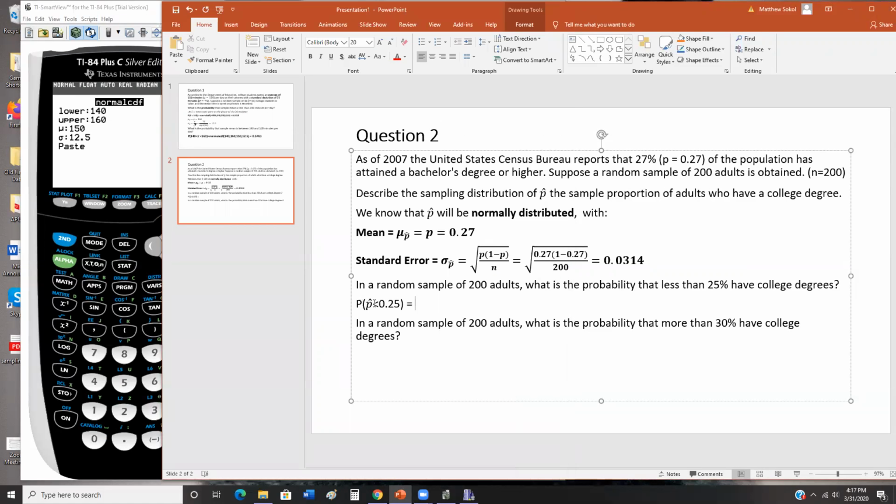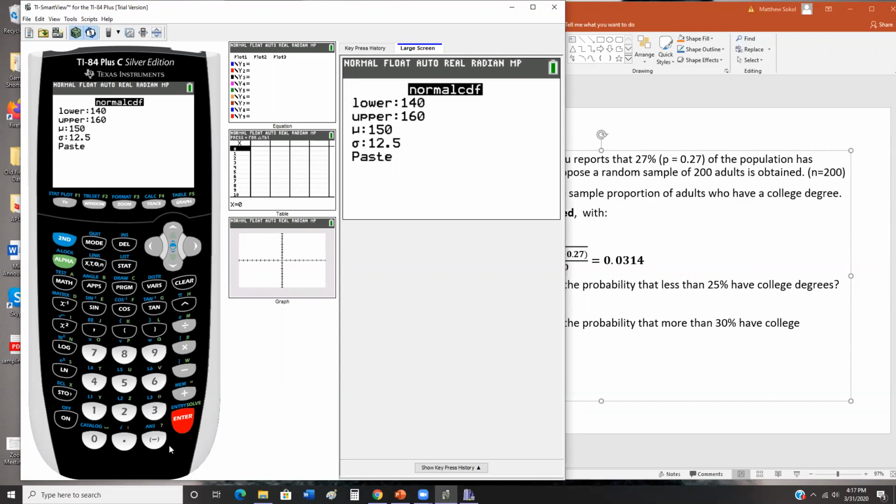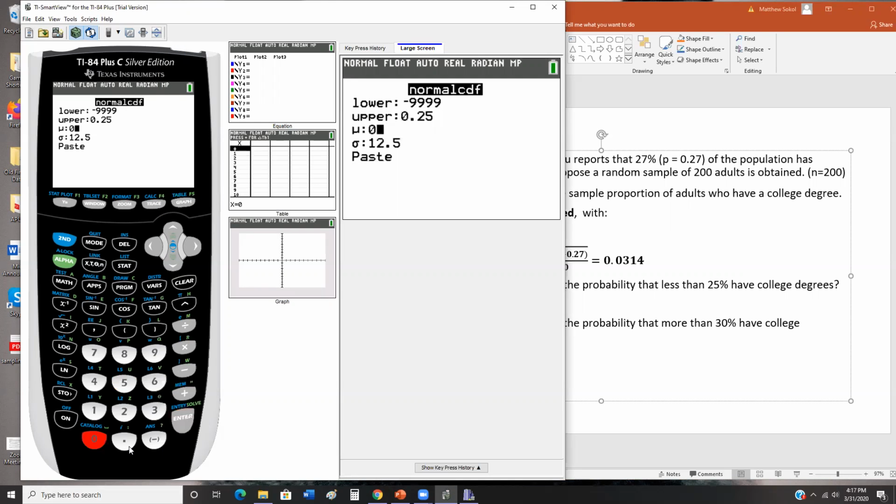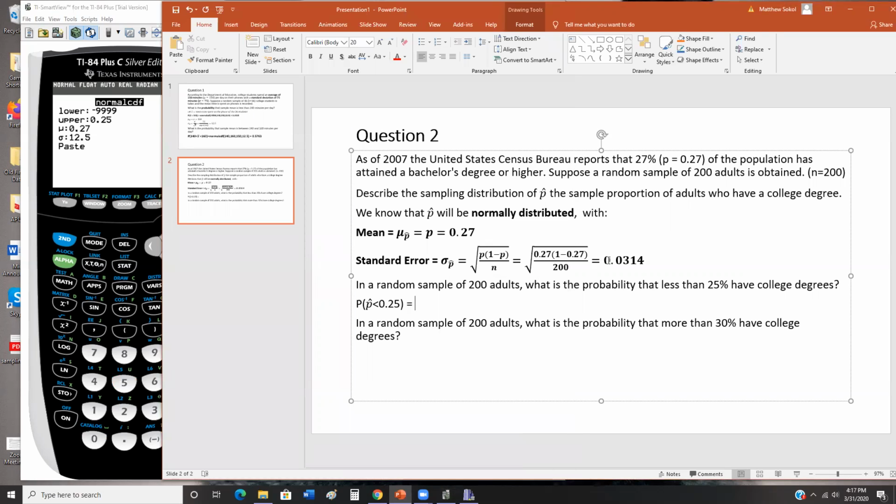I want to be less than 0.25. So for my lower number, I'm going to put something ridiculous, negative 9999. It's going to go up to 0.25. And now it's going to ask, what was the mean? This is your mean here, 0.27. What is your standard deviation? That's this number right here, 0.0314.